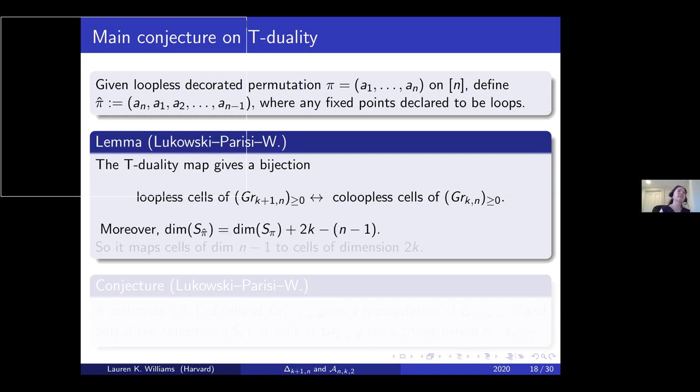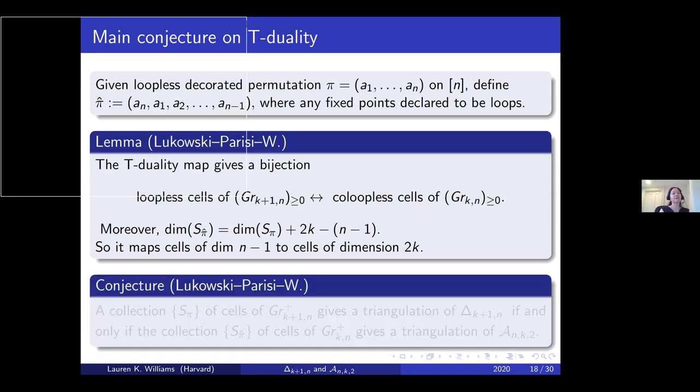And moreover, this map does the right thing on the dimension of the corresponding cell. It takes the dimension of your cell on the left-hand side, and the cell on the right-hand side will have dimension which is the same as before plus 2k minus n minus 1. So in particular, it will map cells of dimension n minus 1 to cells of dimension 2k. So it's doing the right thing on dimensions of cells.